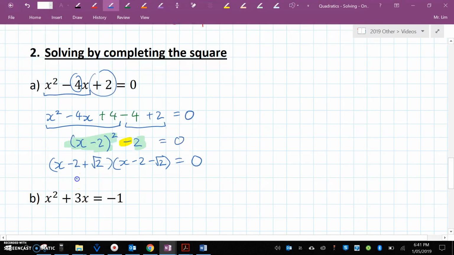And therefore, x is equal to positive 2 minus root 2. So remember, opposite sign, and positive 2 plus root 2. Opposite sign. Now this can be written as 2 plus or minus root 2.